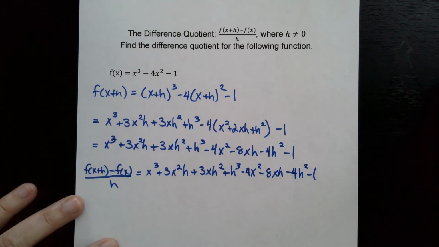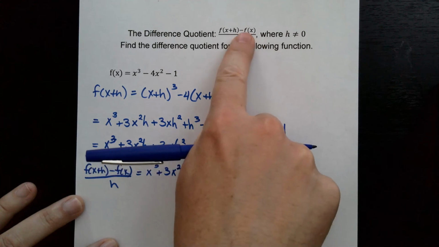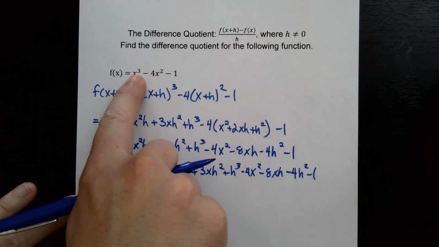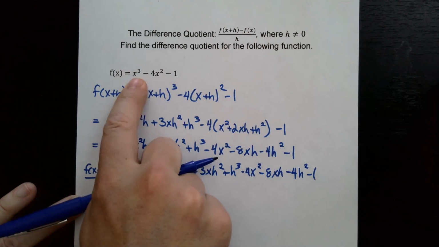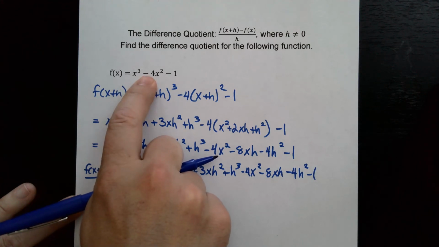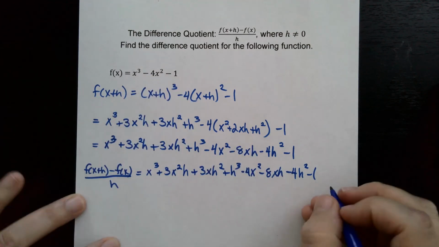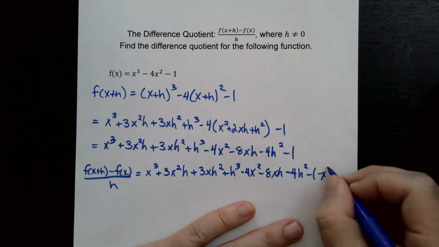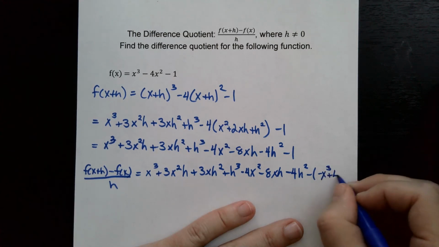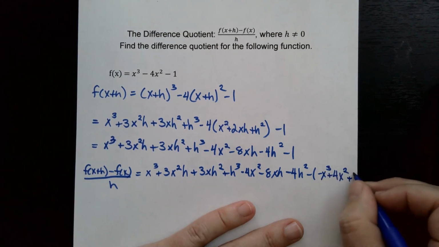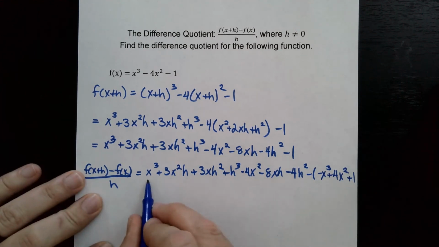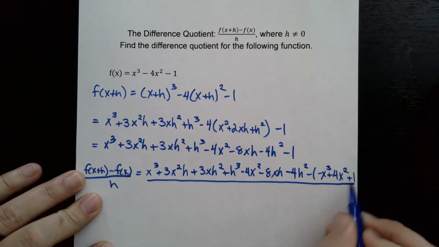It's a lot, but then we're going to subtract f of x, so that changes the signs. It'll be minus x cubed plus 4x squared and plus 1, all divided by h.